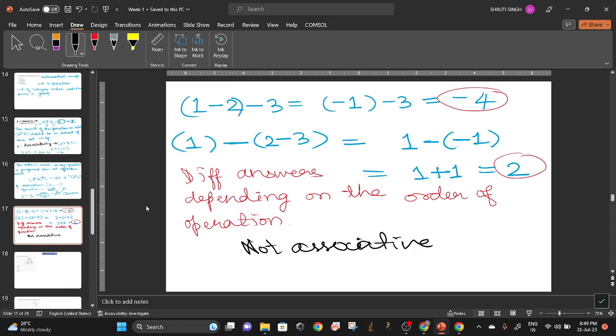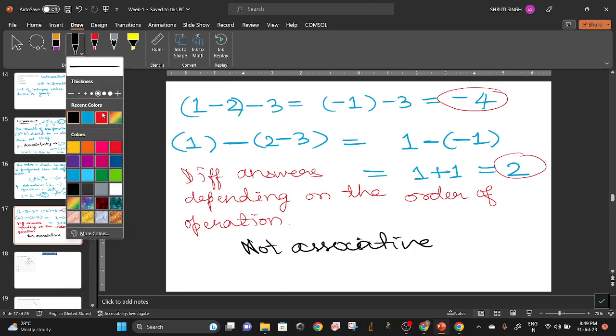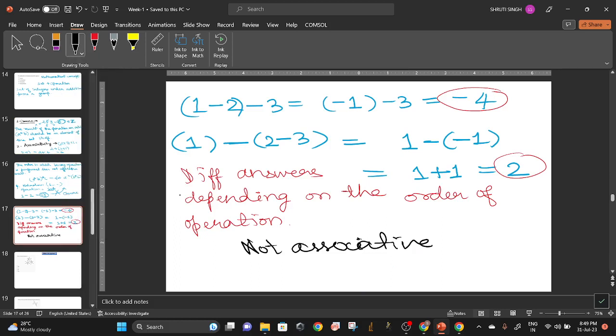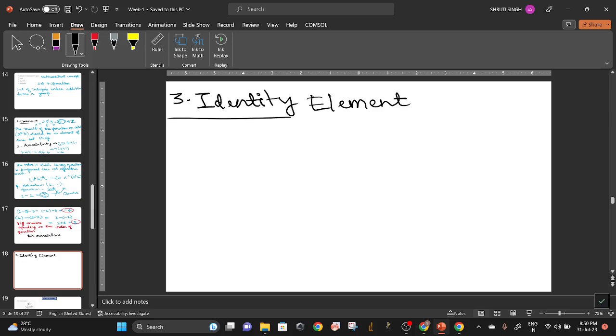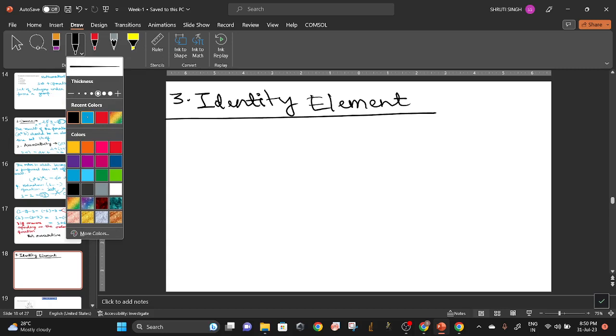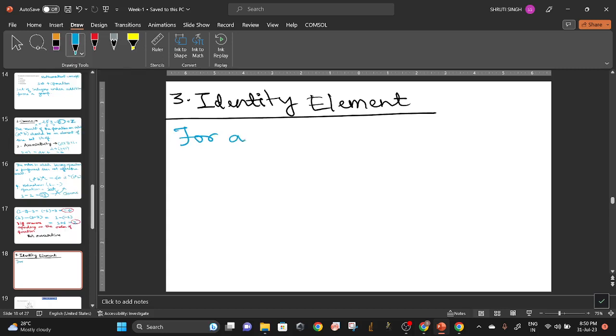Now there are two more criteria for anything to be called a group. Now let's see those. The third criterion is the identity element. Now you will get to know why the identity element is there, and why we consider it a symmetry property. Let me write it first and then I'll explain.